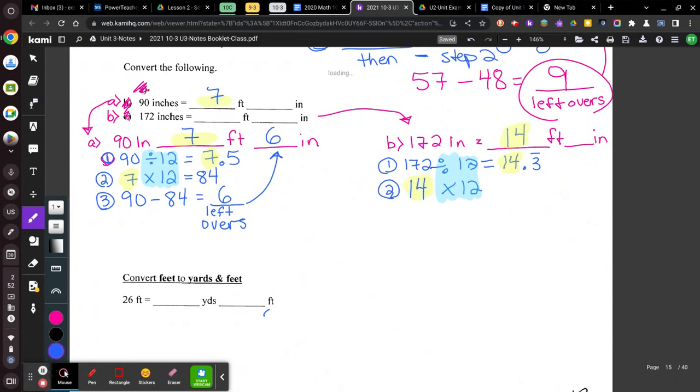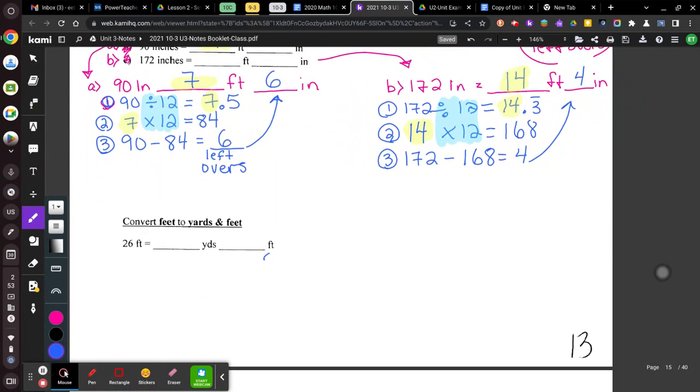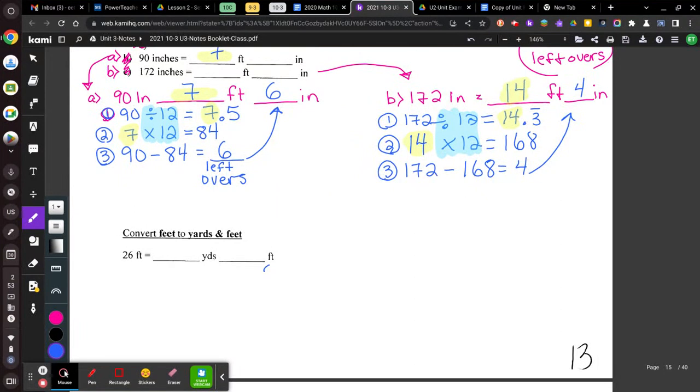I times it by 12. I get 168. My last step is to take my original, subtract the answer from step 2. That's going to give me 4. So I know my leftovers are 4. So we get 14 feet, 4 inches.